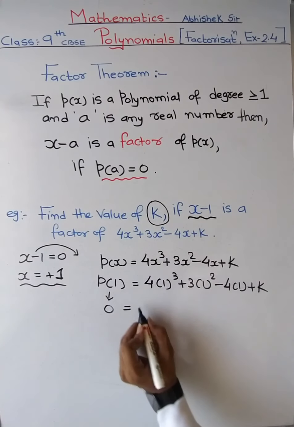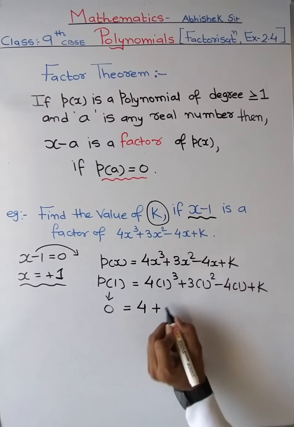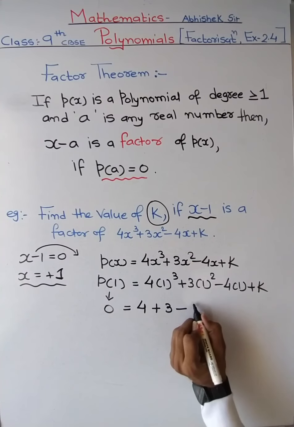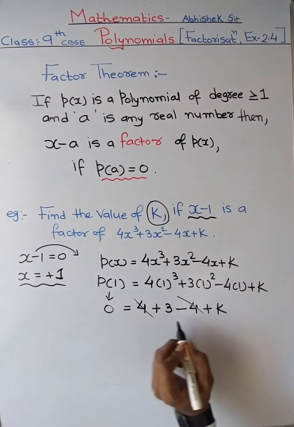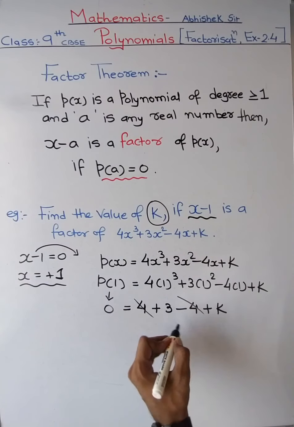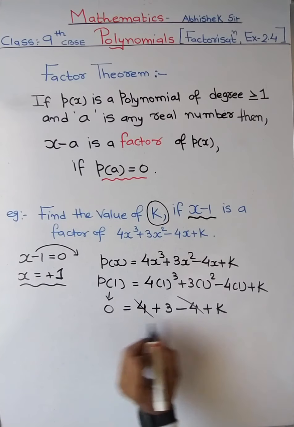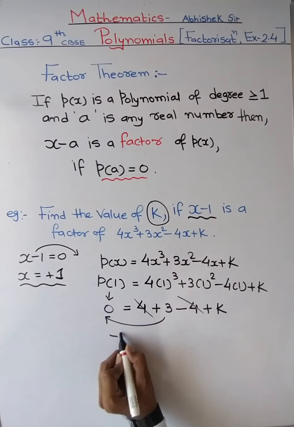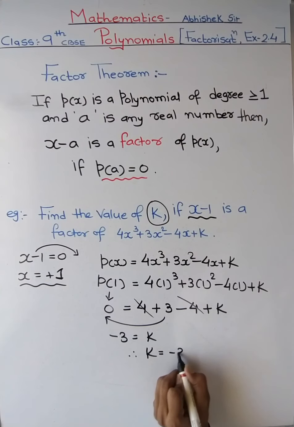Okay. Now 4 into 1 cube is 4. 3 into 1 square is 3, minus 4 is minus 4 plus k. So 4 and minus 4 is cancelled, clear? And 3 will go on this side or k will go on this side. Whatever you do simplification, 3 let us take on this side, so it becomes minus 3 equals to k. That means k equals to minus 3.